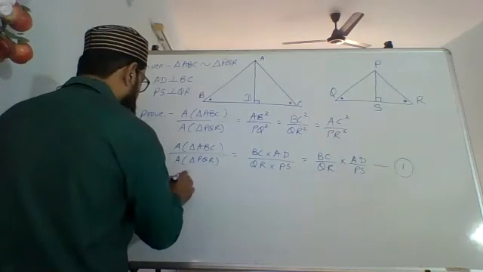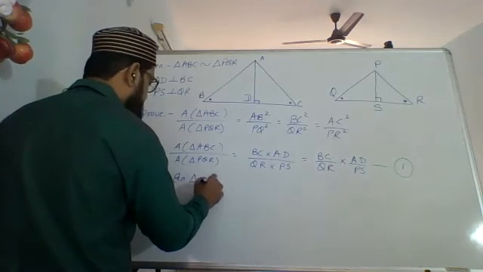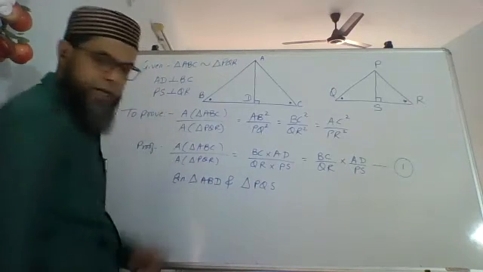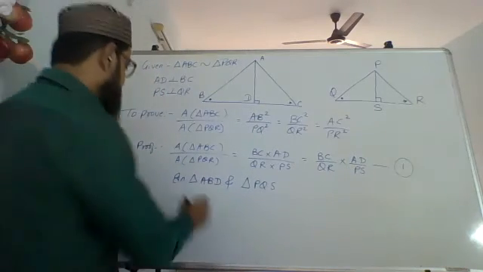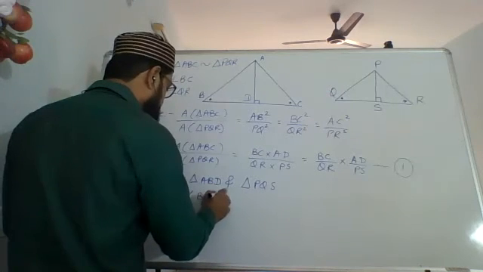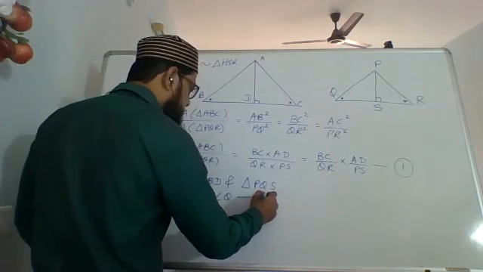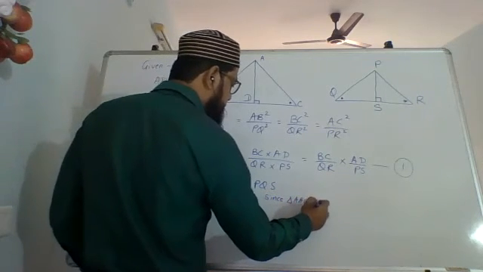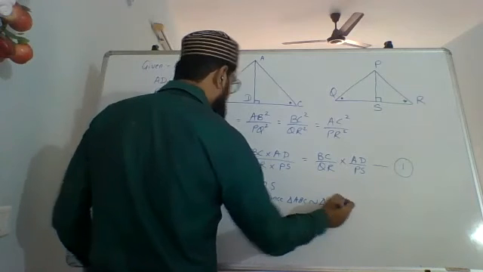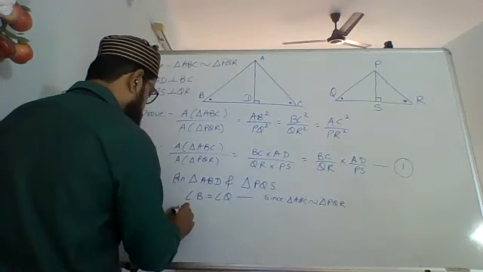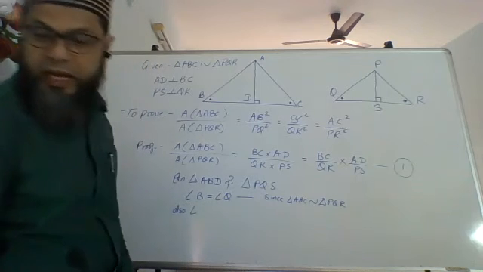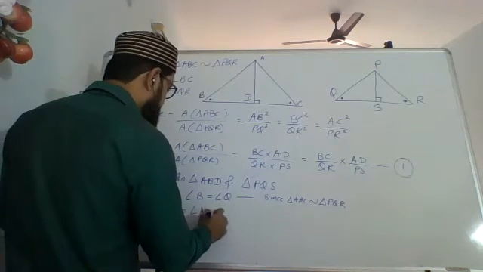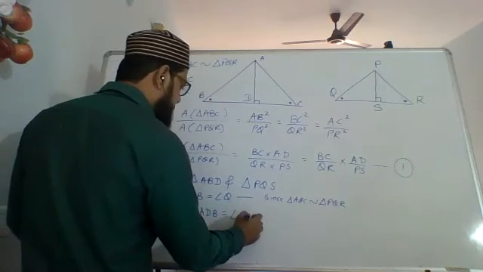Till here, what we have done: in triangle ABD and triangle PQS, angle B equals angle Q. Reason, since triangle ABC is similar to triangle PQR. Also, angle ADB is equal to angle PSQ.